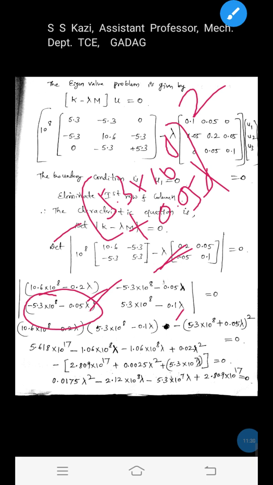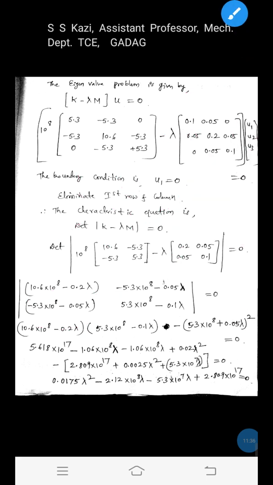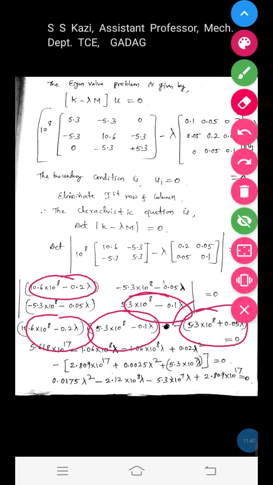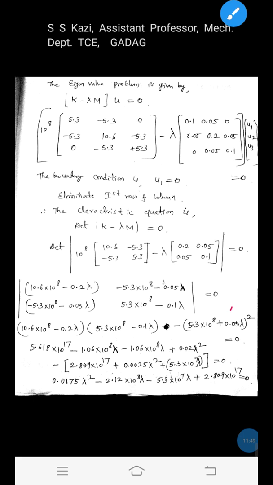Okay, that is minus into minus, it will get plus, and minus of this you will get. Then you will get this term into this term, I wrote here, and minus of this square, that is 5.3 into 10 raised to 8 plus 0.05 lambda whole square. After that it is equal to 0.